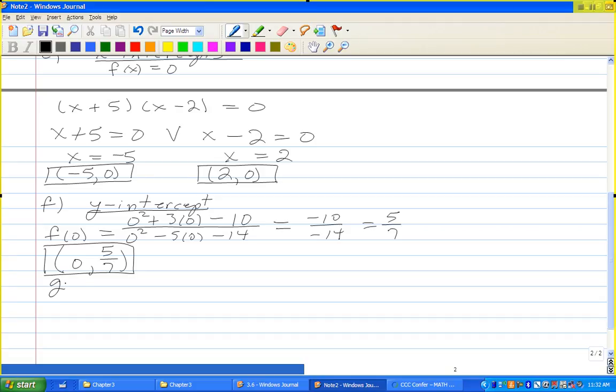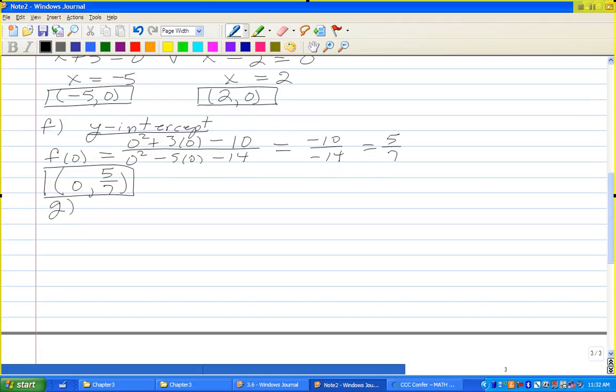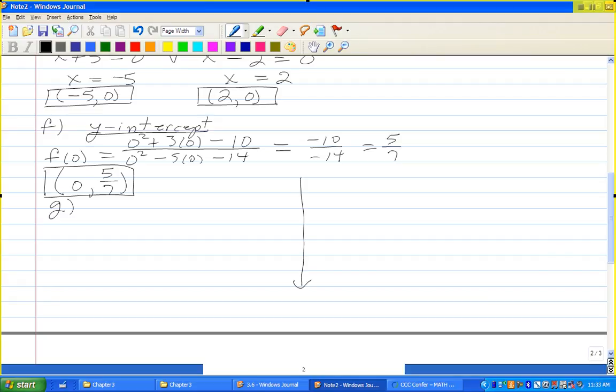G, graph the function. Okay. So 1, 2, 3, 1, 2, 3, 4. Negative 5, 1, 2, 3, 4, 5.